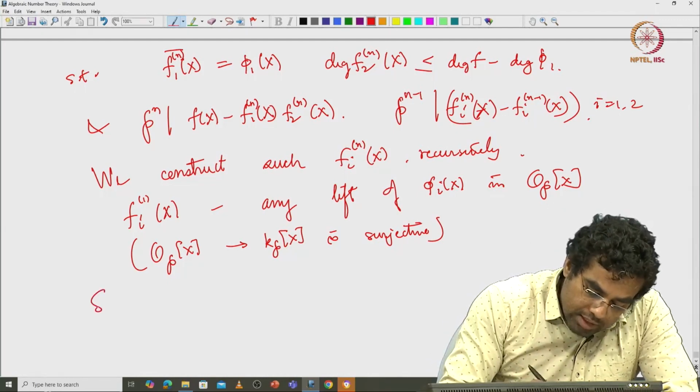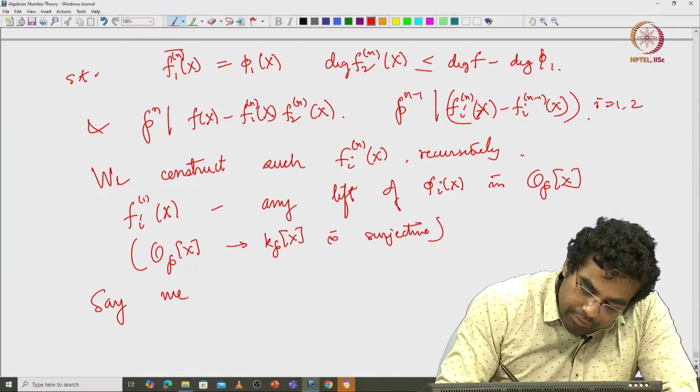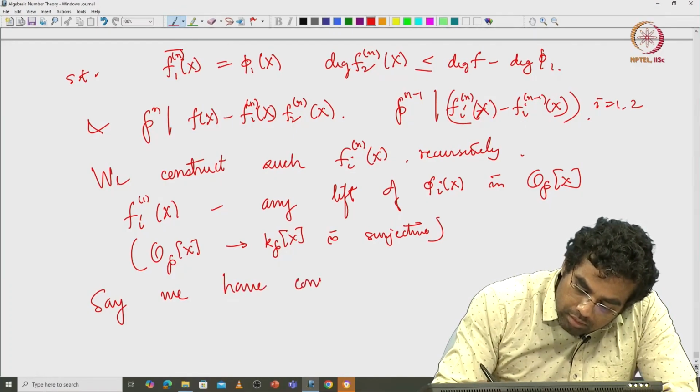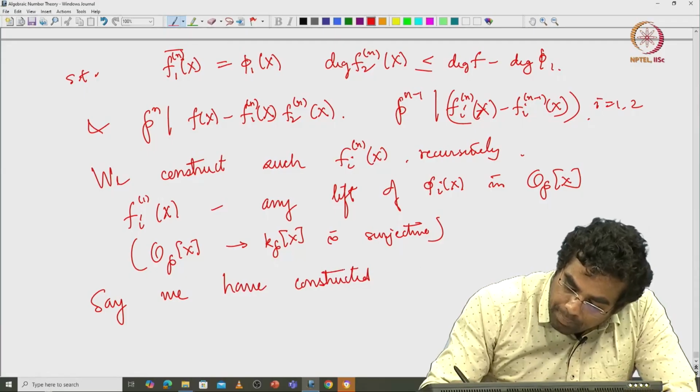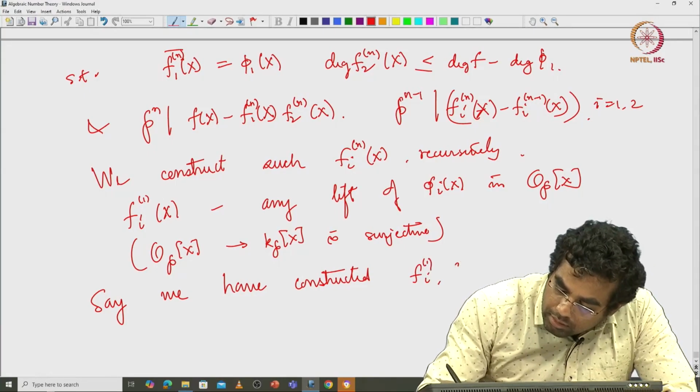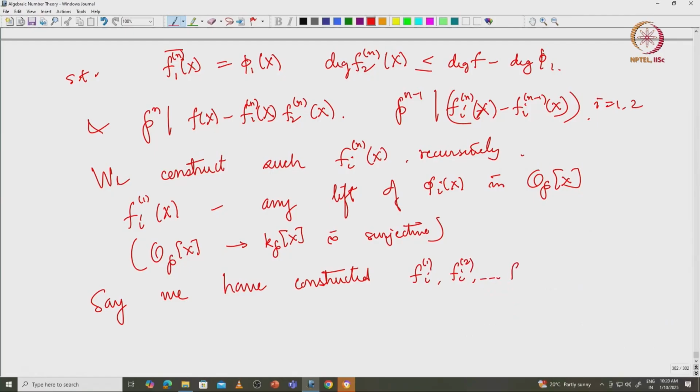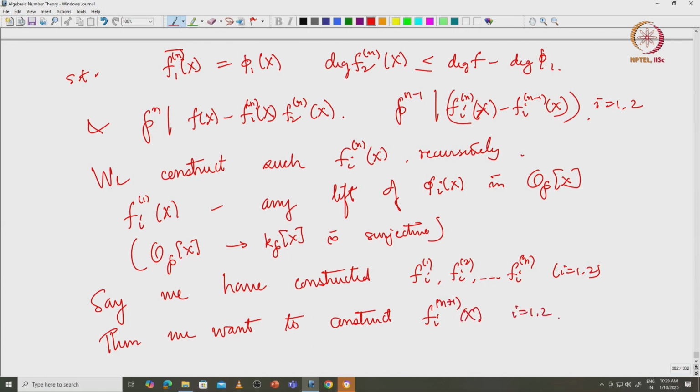Now let us say we have constructed f I 1, f I 2 and so on up to f I n, then we want to construct f I n plus 1 of x. So, having constructed everything up to n, we want to construct the n plus 1th object.